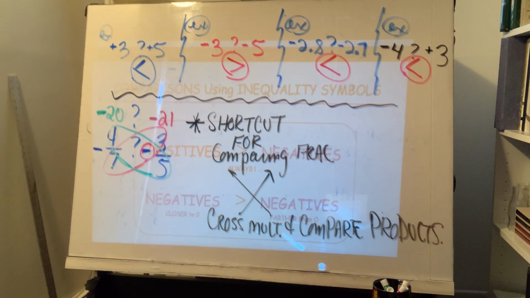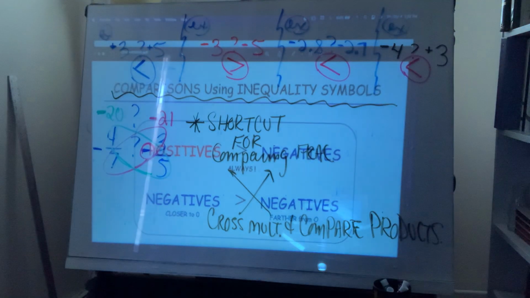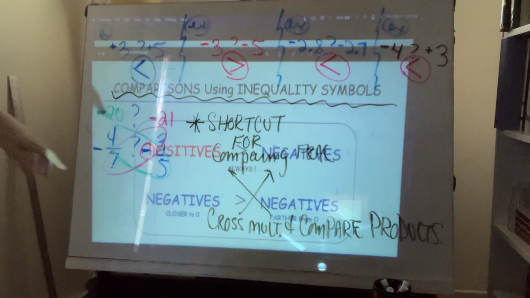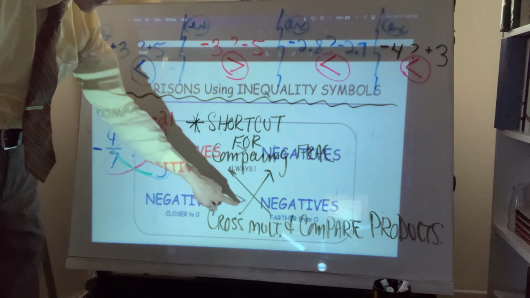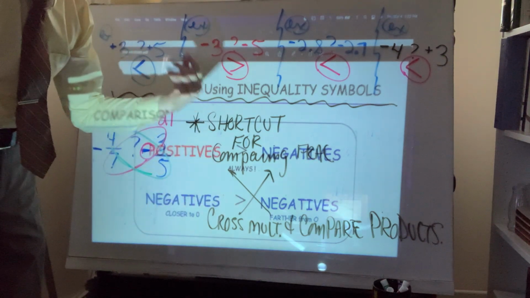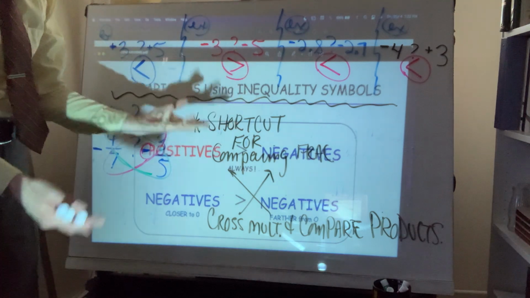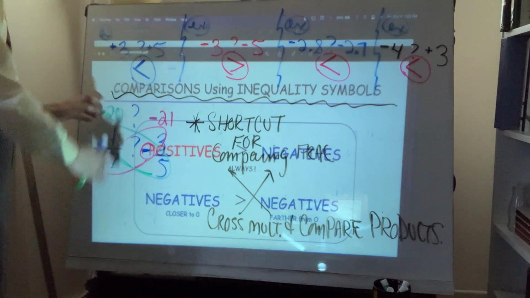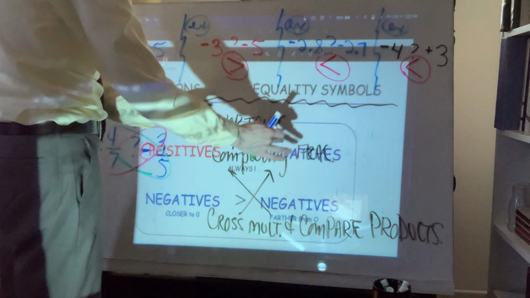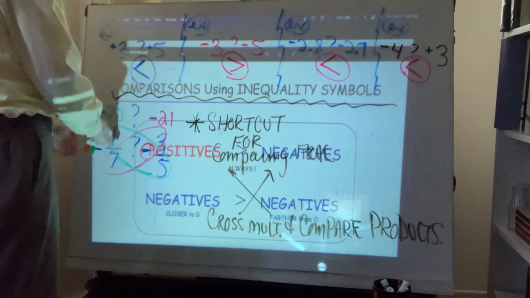This is a little bit too much scribble now, so I'll turn off the light for a moment. The negatives that are closer to 0 are automatically greater, even if that defies the usual logic of looking at the magnitudes, the size of the numbers. Negative 20 would be slightly closer to 0.